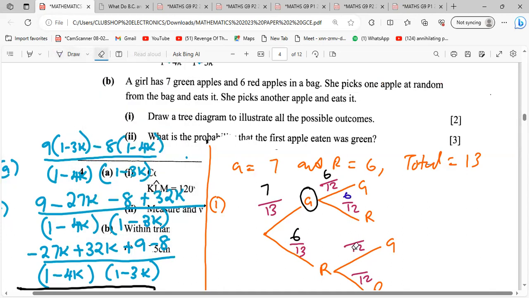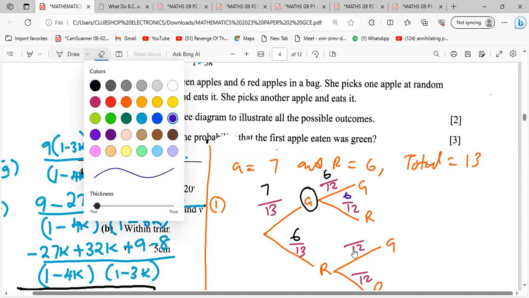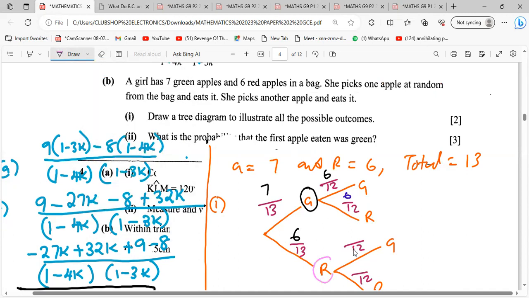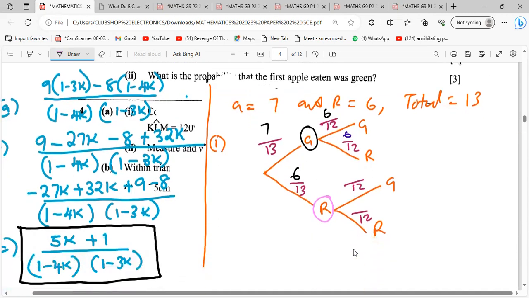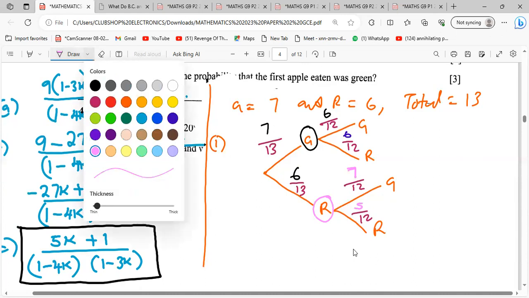Then what if it was red? Then the red apples go from 6 to 5, and green keeps the original number. So this is your diagram, and you get your 3 marks.